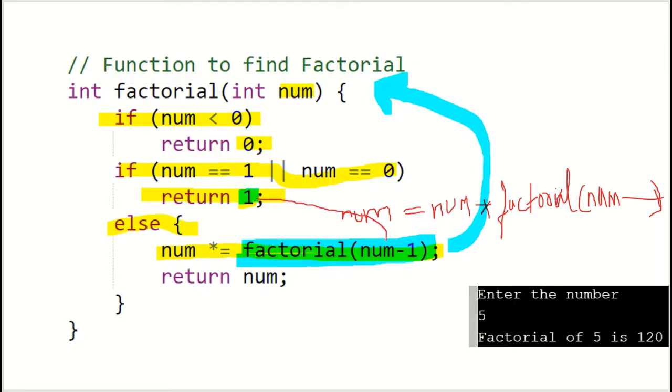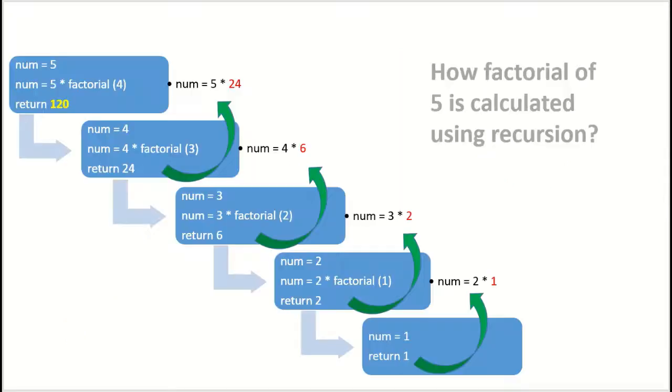The called function is the recursive function itself. So using this value, it will calculate the factorial numbers backward. So how it is done, I will explain using the pictorial representation.